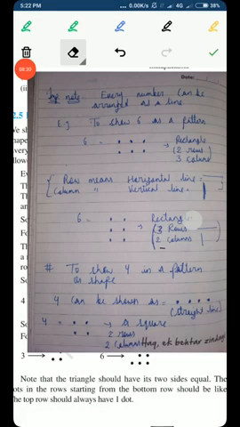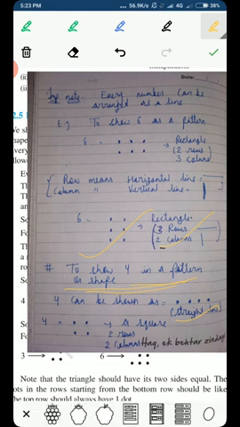Let's take another example: to show 4 in a pattern or a shape. First of all we can show 4 as a straight line. And always keep in mind that whatever number you are expressing, you can use only that many dots.